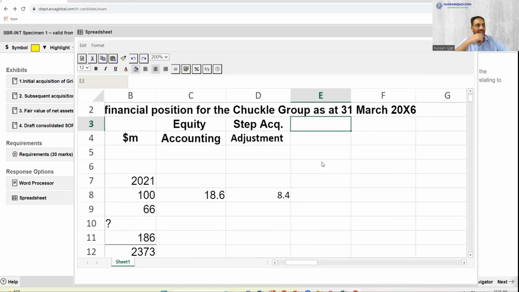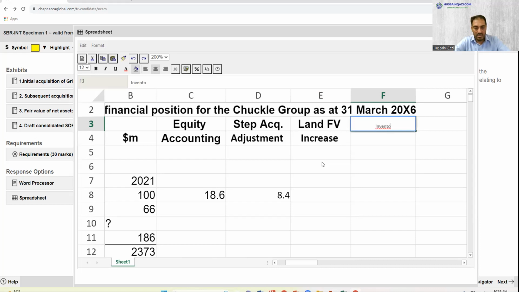Okay, so fair value adjustment, that's land fair value increase, and we will incorporate the fair value adjustment with the asset and the deferred tax liability as well.